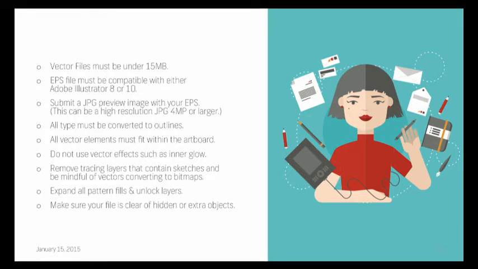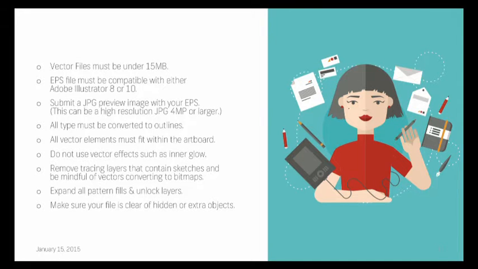Make sure all your type is converted to outlines. Make sure that all vector elements fit within the artboard. Don't use any vector effects such as inner glow. We'll talk a little more about why we don't allow that. You'll also want to remove tracing layers that contain sketches, or make sure none of your vector elements are converting into bitmaps.